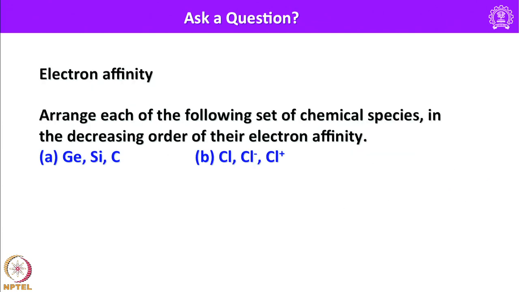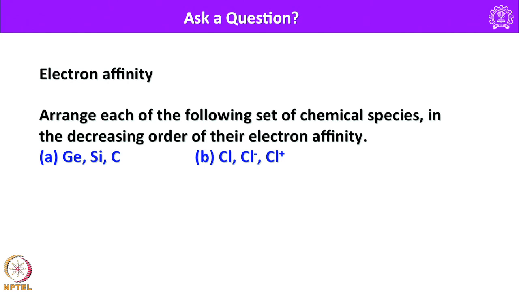Okay. So, let us look into the electron affinity. The question here is given for 2 sets of chemical species. Arrange each of the following sets of chemical species in the decreasing order of their electron affinity. So, we have to see the 2 groups. In one group, essentially germanium, silicon and carbon are given.